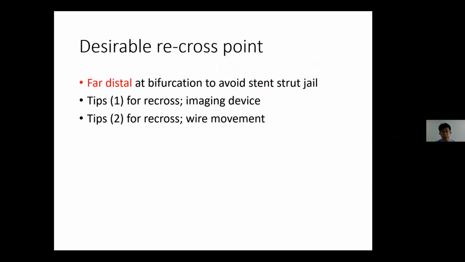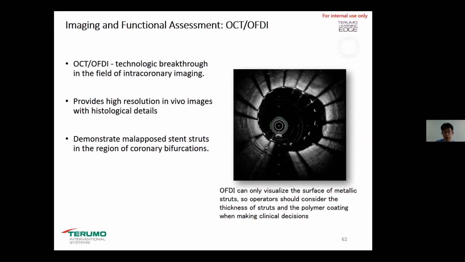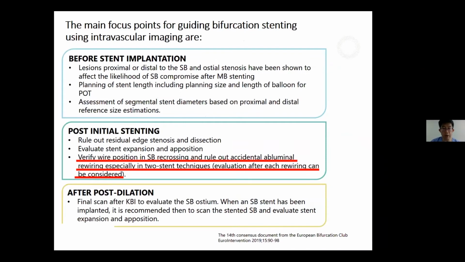So the desired recross point is far distal at the bifurcation to avoid stent strut jail. These are the two tips for recross: imaging device support, and wire movement. So OCT, OFDI or IVUS imaging is helpful. It's very helpful to check the recross point. The bifurcation guidelines recommend verifying your position in side branch recrossing and ruling out accidental abluminal rewiring, essential in two stent techniques.